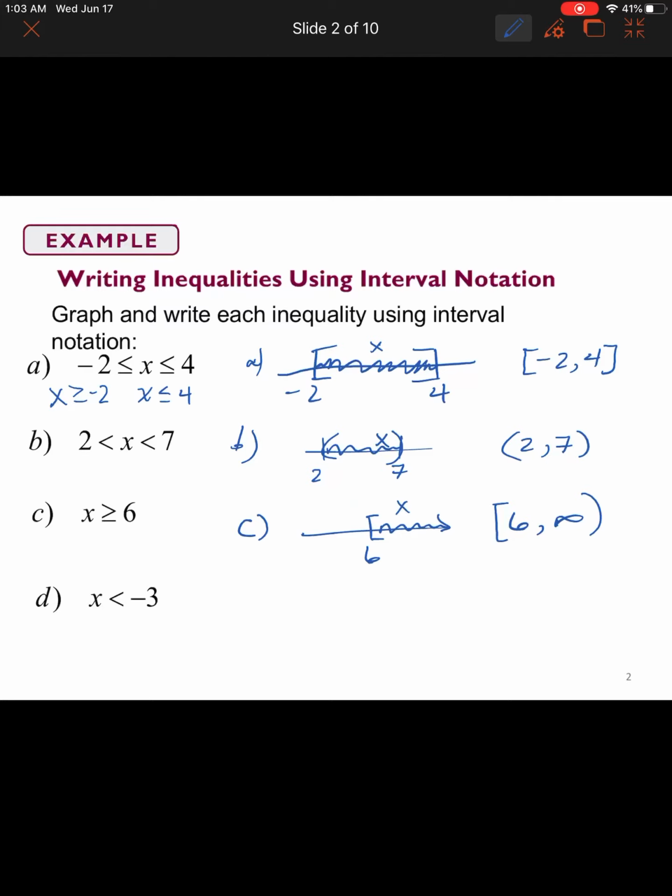You never include infinity, so infinities will always get parentheses. For example D, swing that to the left forever, and you have from negative infinity to negative 3.